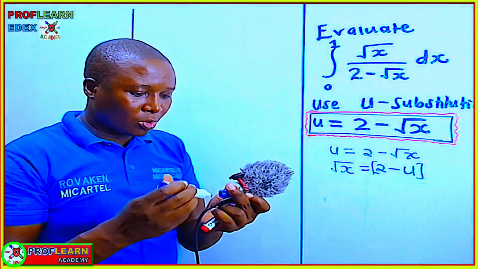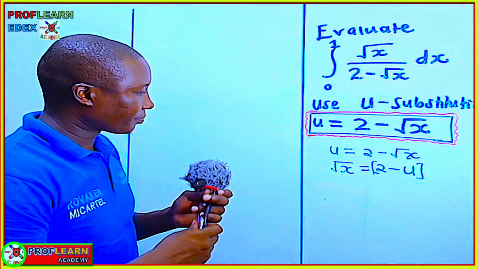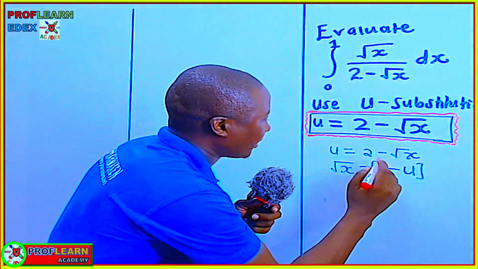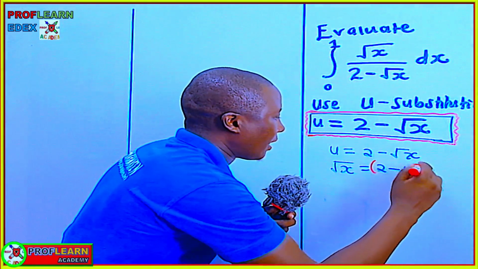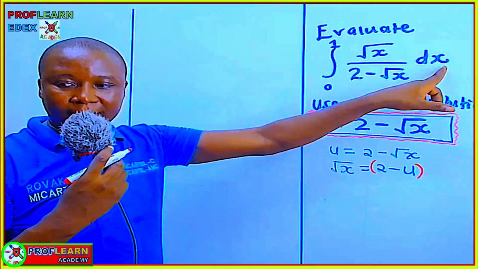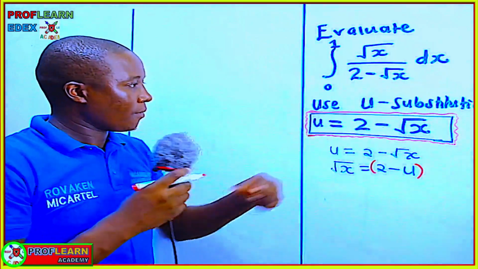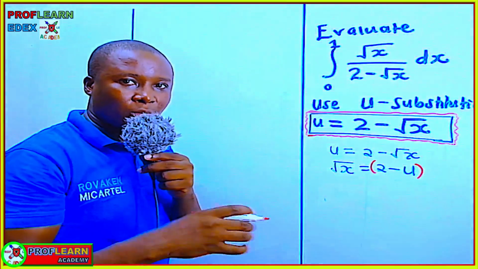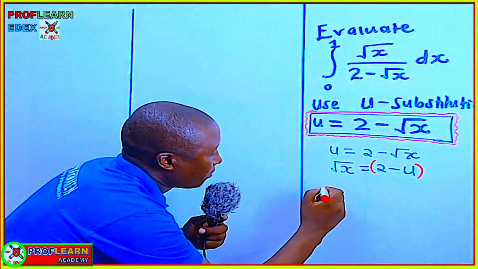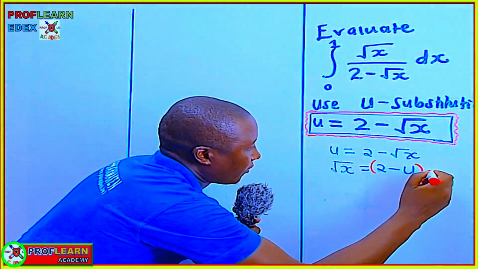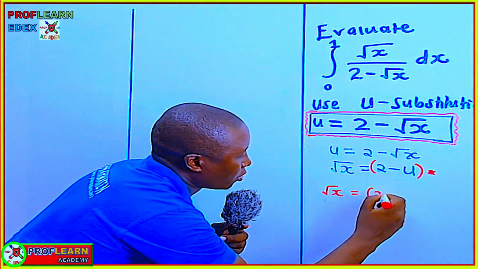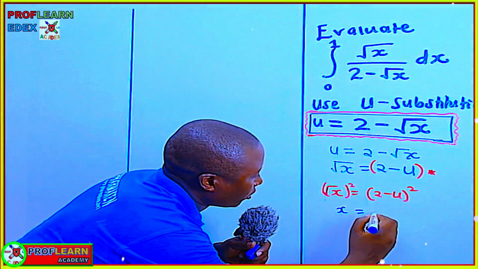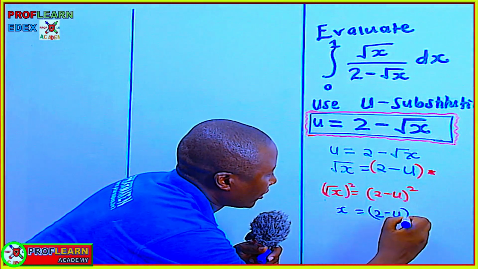After realizing that I can replace root x with 2 minus u, I need to find what dx can be replaced with, because we're going to write the whole expression in terms of u. From root x is equal to 2 minus u, I can square both sides. Now we have x is equal to 2 minus u, raised to power 2.